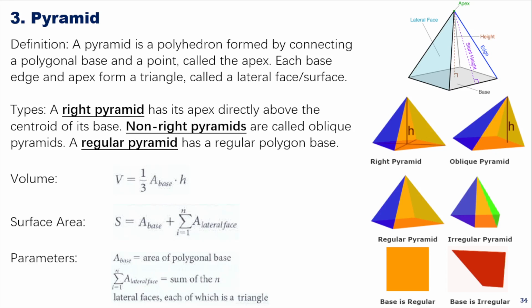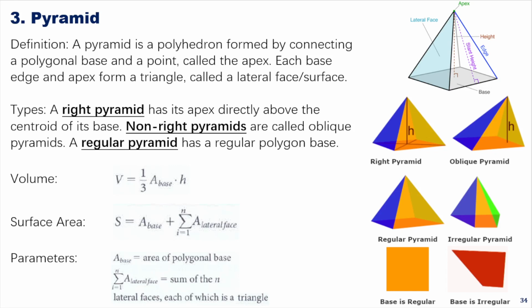Again, there are different types of pyramids according to different classifications. First, a right pyramid has its apex directly above the centroid of its base, whereas non-right pyramids are called oblique pyramids. A regular pyramid has a regular polygon base.